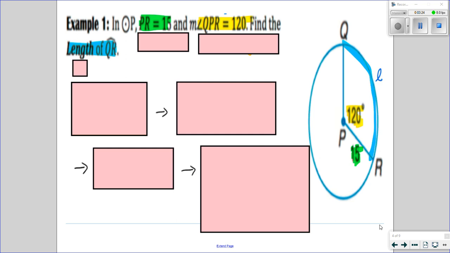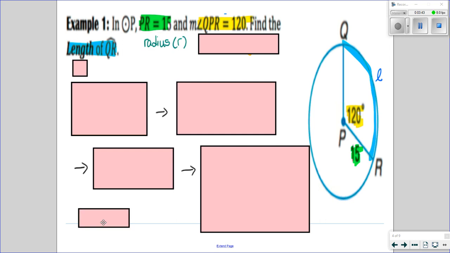Alright, so let's do the first example. It says in circle P, PR is 15, so that's in green. Angle QPR is 120, that's in yellow, and they want us to find the length of arc QR, the piece that I labeled.